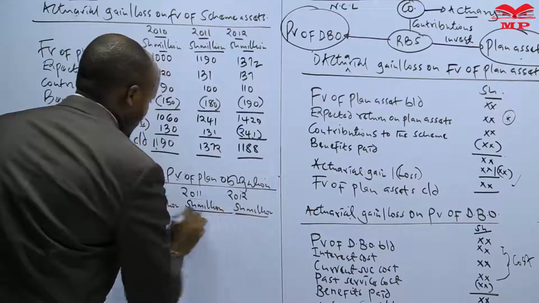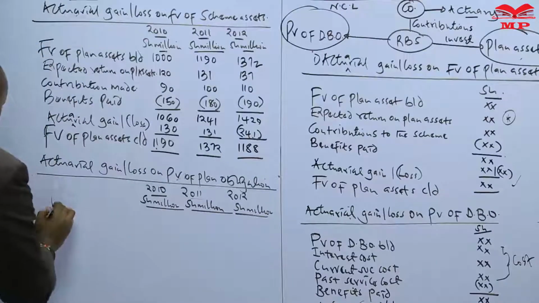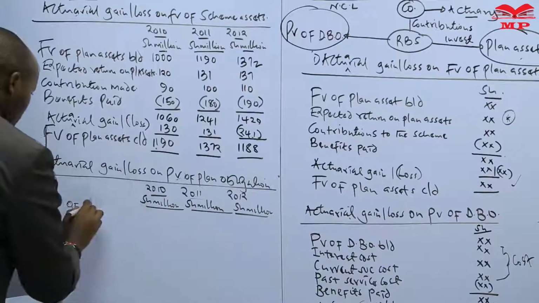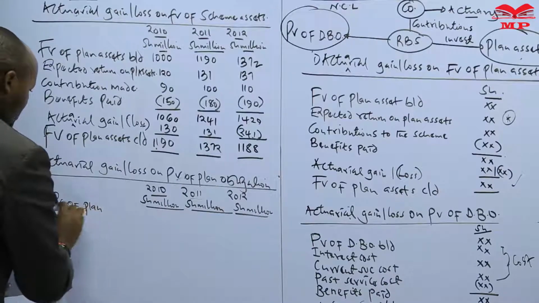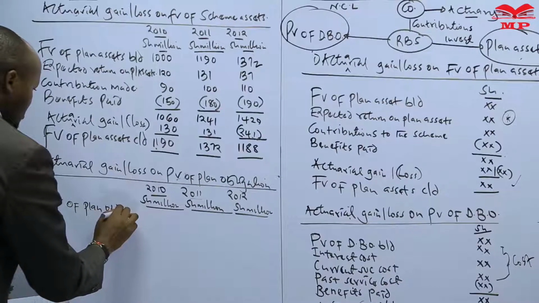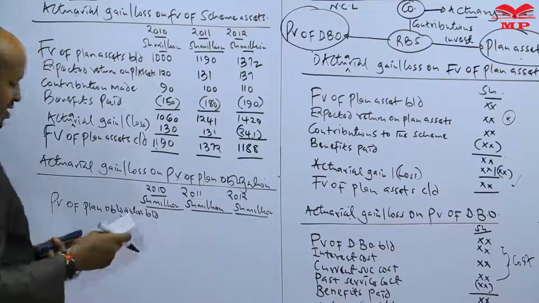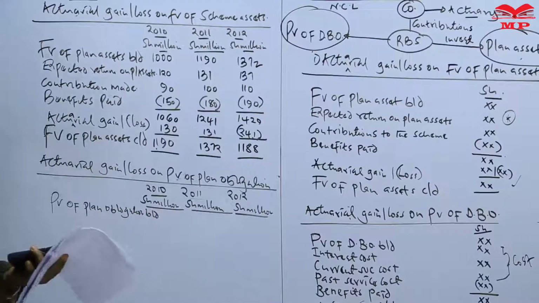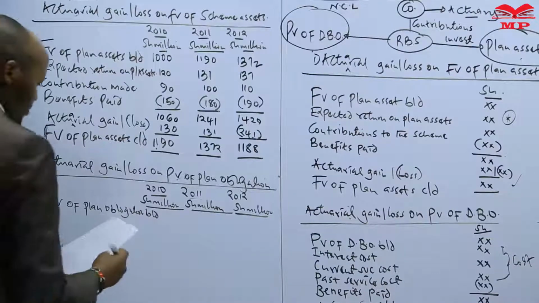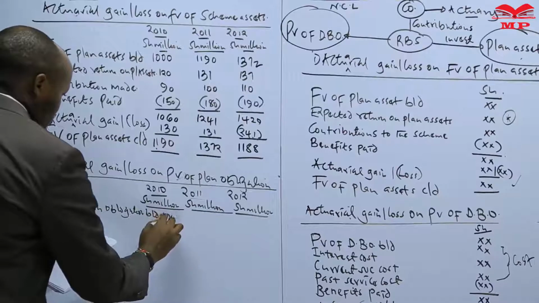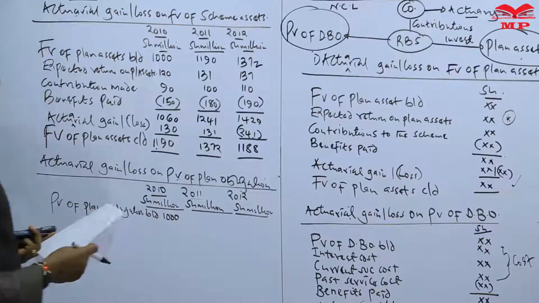Then we have said we start with the present value of the defined benefit obligation. This is what in our question is known as the present value of the plan obligation as at the start of the year, which is given in the additional information note 1. We are told the present value of the plan obligation on 1st June 2009 was 1,000.